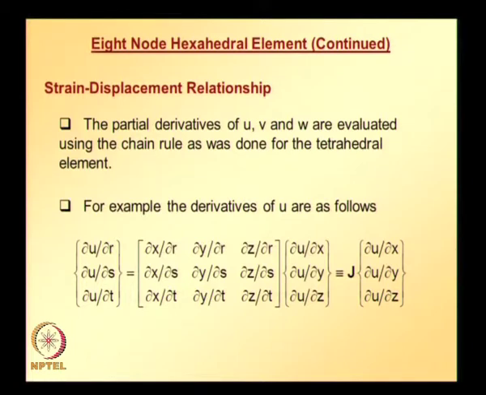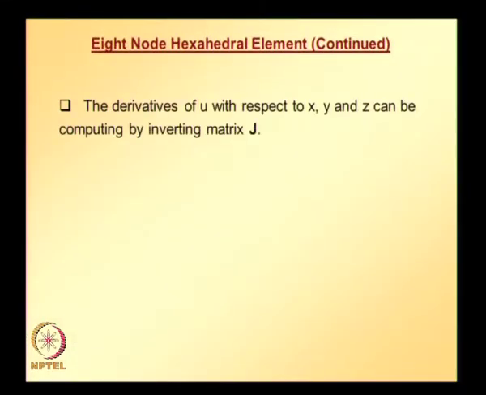Once we know the partial derivatives of x with respect to R, S, T, y with respect to R, S, T and z with respect to R, S, T, we can easily find J, which is the Jacobian matrix, and this is the inverse relation.